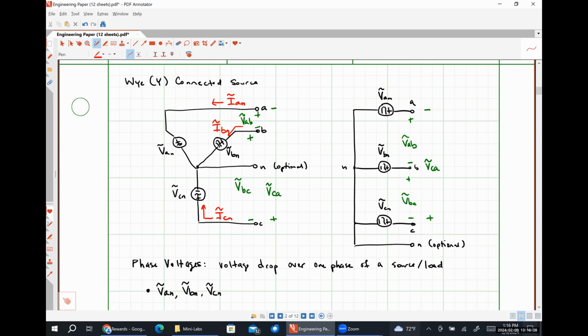So a double subscript notation is very commonly used for all voltages and currents in three-phase systems. So here on this representation, we would have our phase current IAN, our phase current IBN, and our phase current ICN.